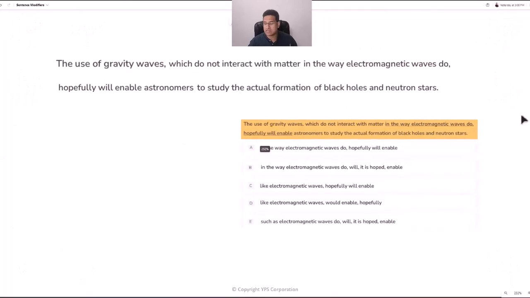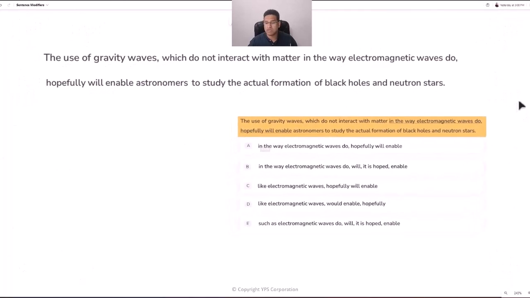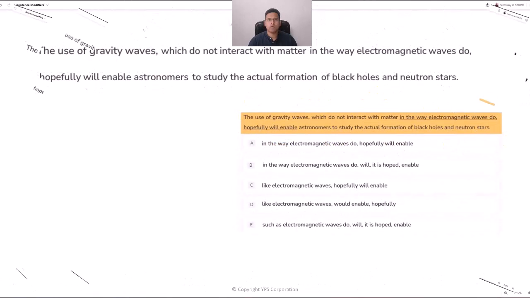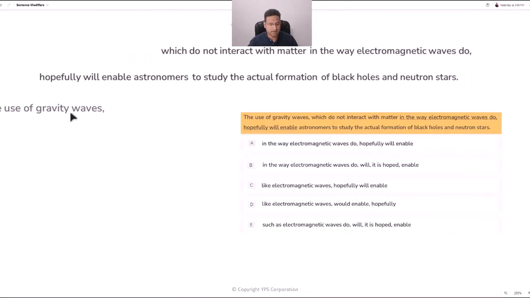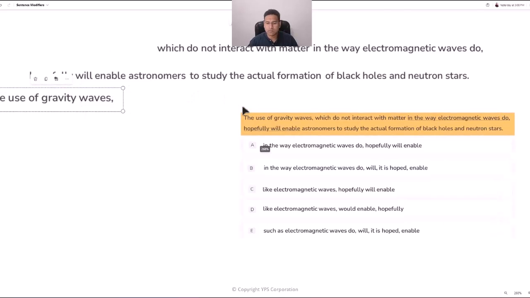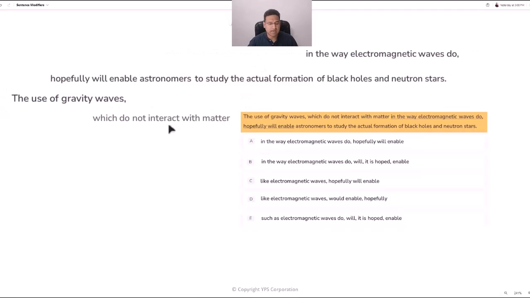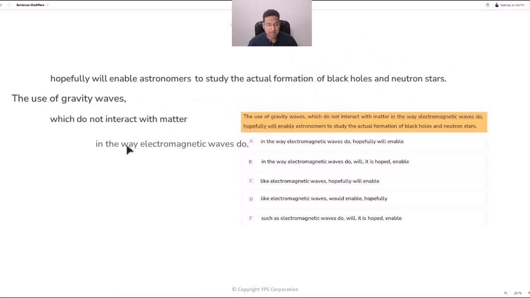Let's do a meaning analysis, a thorough meaning analysis, and see if we can figure out why the original sentence is wrong. All right, let's start with sentence structure analysis. So let's quickly read. The use of gravity waves, which do not interact with matter in the way electromagnetic waves do.